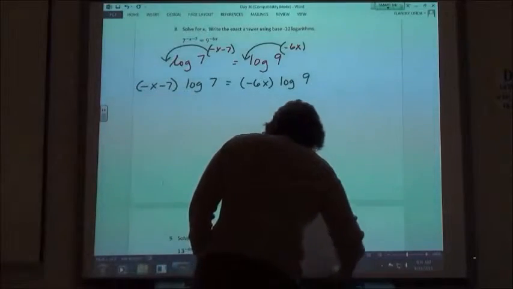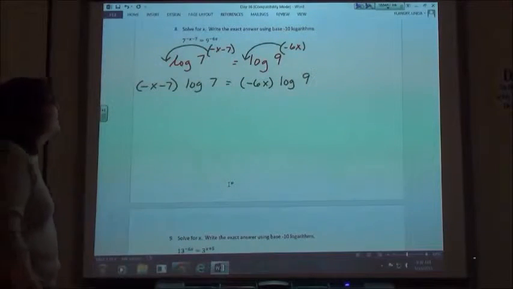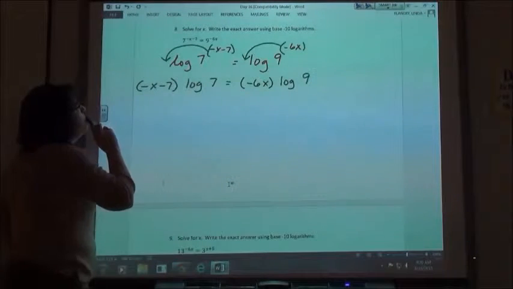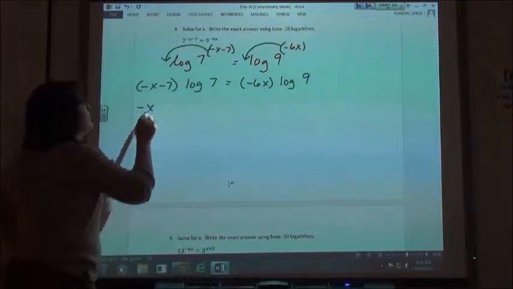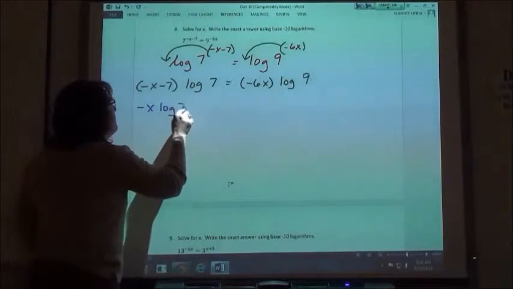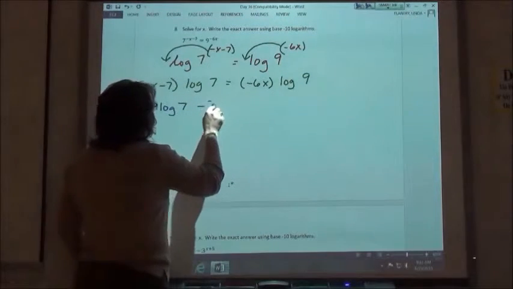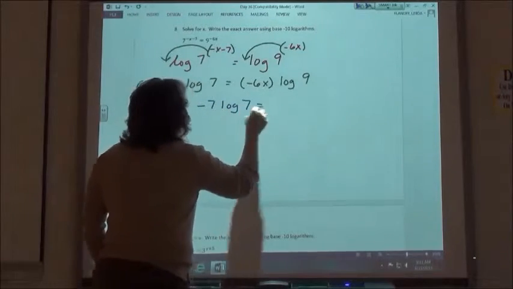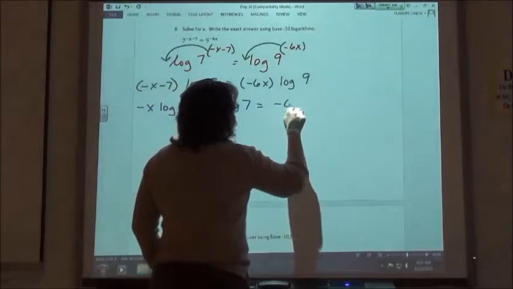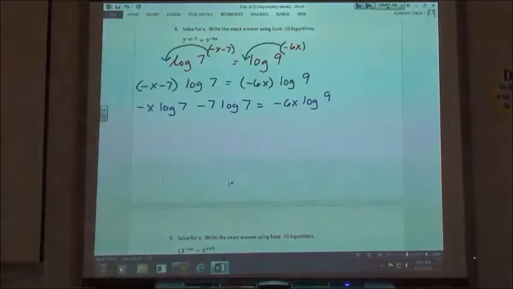Okay? Now we're going to get rid of our parentheses. When we do that, what are we going to get? We're going to get negative x log 7 minus 7 log 7 equals negative 6x times log 9.